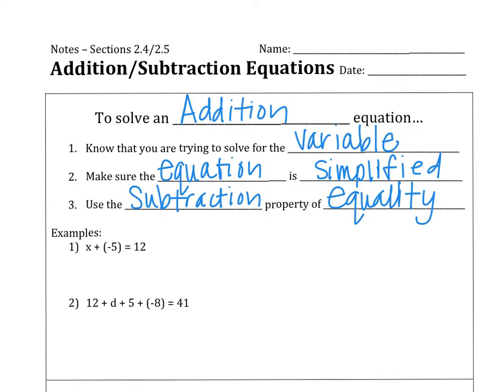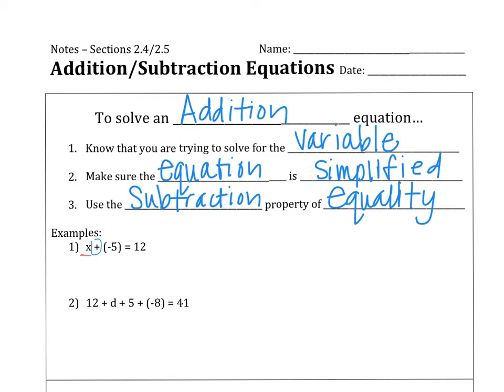Okay, example number 1. If we have x plus -5 equals 12, so this is an addition problem, then we are going to use the subtraction property of equality. So the first thing that we're going to need to do is know that we're solving for a variable. Here's our variable. That's what we're solving for.